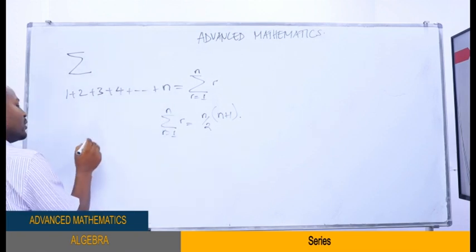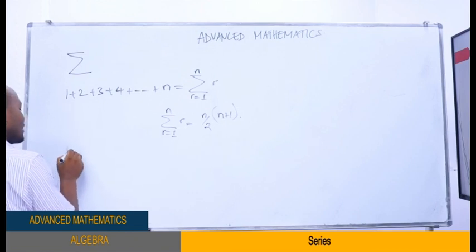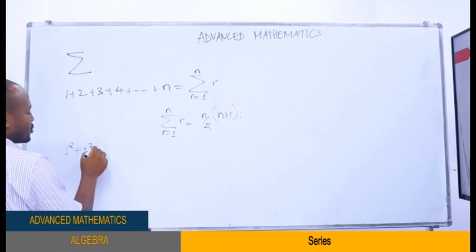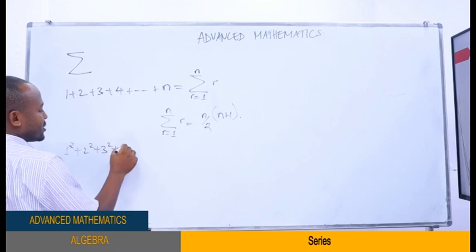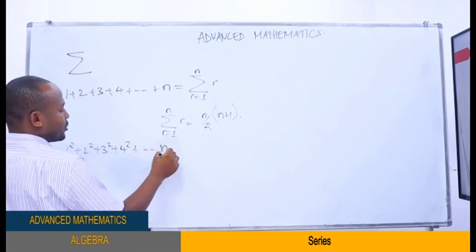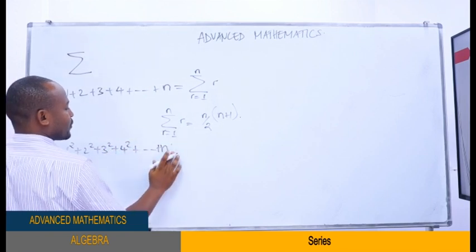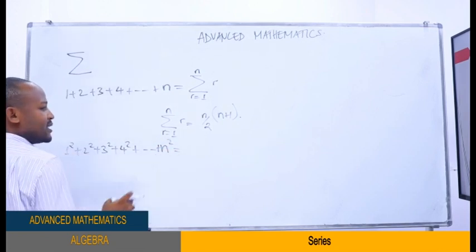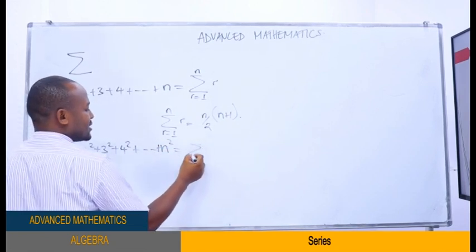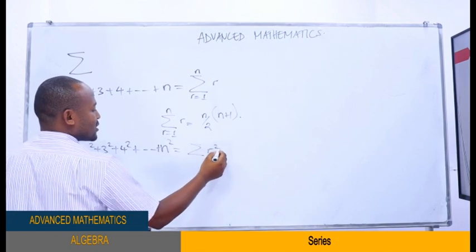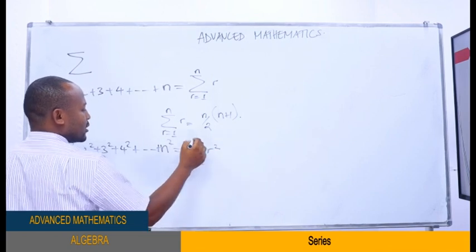Now, when terms are like this, 1 square plus 2 square plus 3 square plus 4 square plus down to n square, how can we write this in sigma notation? It is the summation of r square when r is equal to 1 to n.